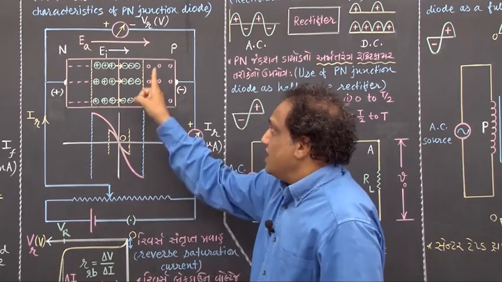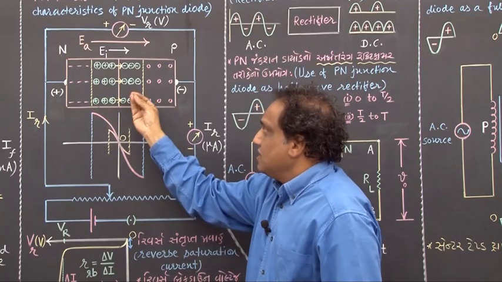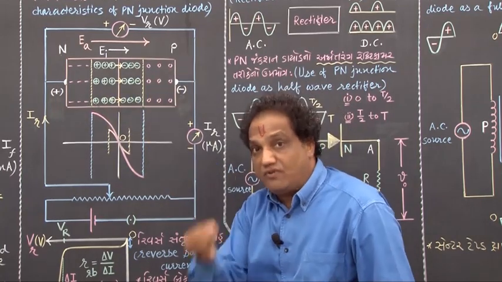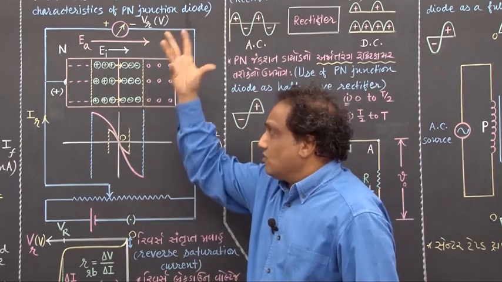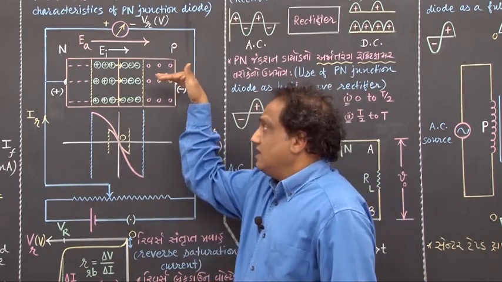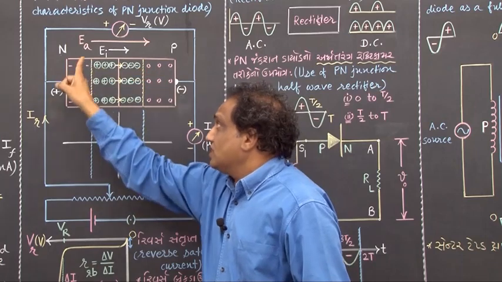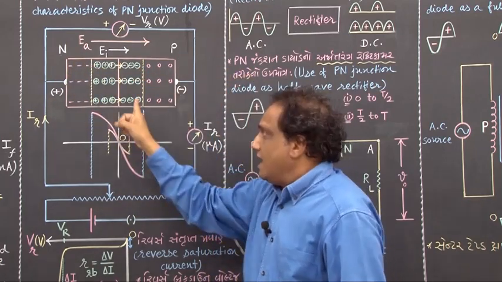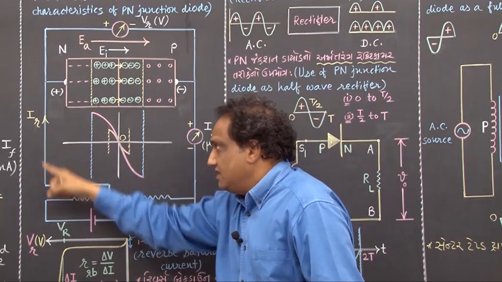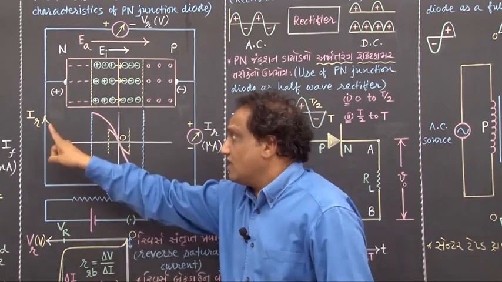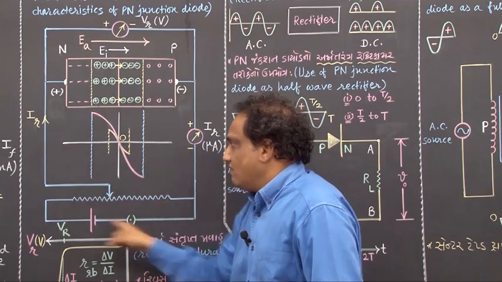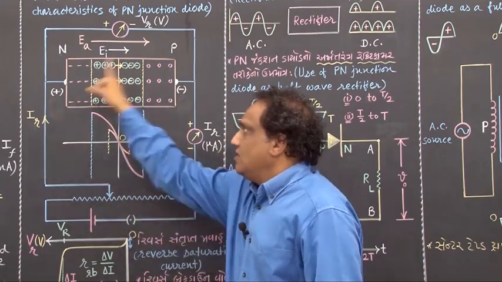As soon as an electron is freed, it will be accelerated this way, in a direction opposite to this electric field. Correct? And because of the motion of the electron in this direction, you have a current which is called reverse current.